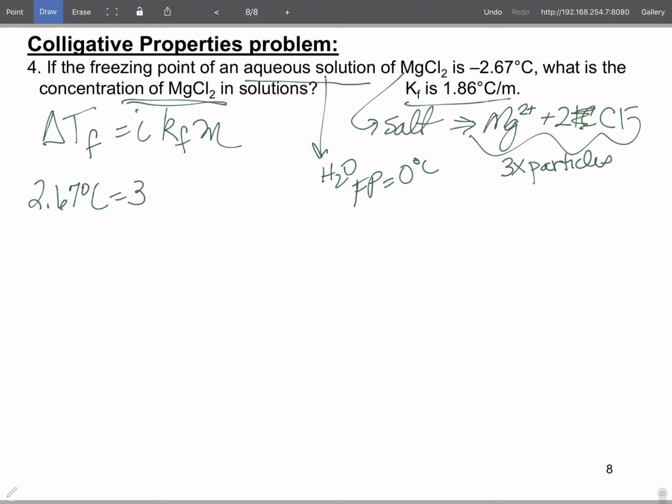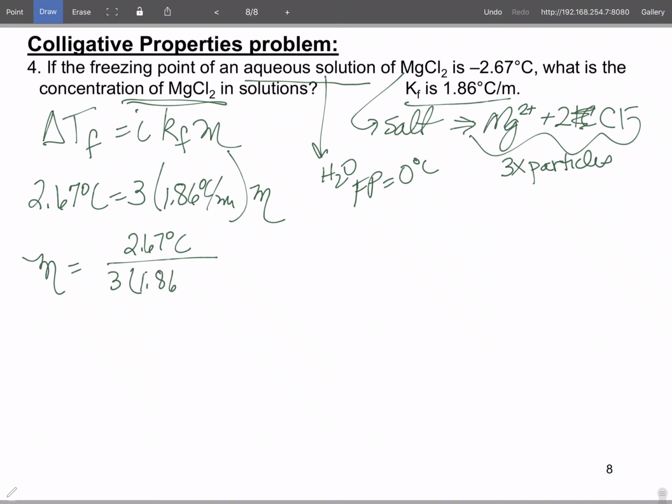It'll be 3. Our Kf is 1.86 degrees C per molal. And then we're going to solve for the molality. Okay, so the molality is going to be equal to 2.67 degrees C divided by 3 times 1.86 degrees C per molal. And that means that it'll come out to be 0.47849.